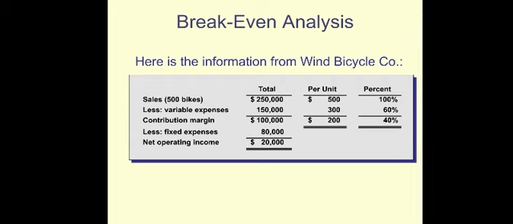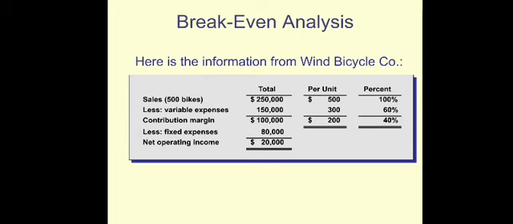The unit variable expense is 300. It means that the unit variable cost for one bicycle is 300. And another one that you have to remember is for this bicycle company, the fixed cost is equal to 80,000. So these are the data.